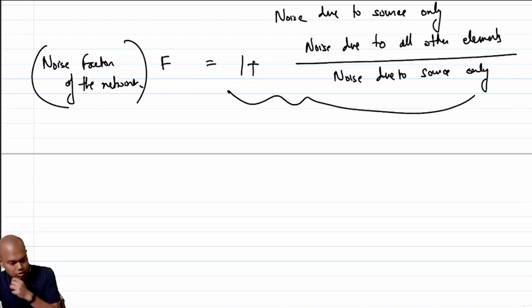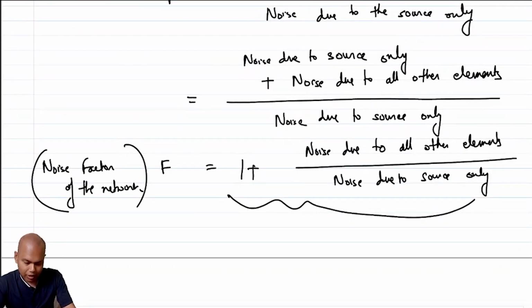Now it should be quite evident why this noise factor is important. What is the noise factor telling you? If your network is noiseless, then the noise due to all other elements will be 0 and your noise factor will be 1.